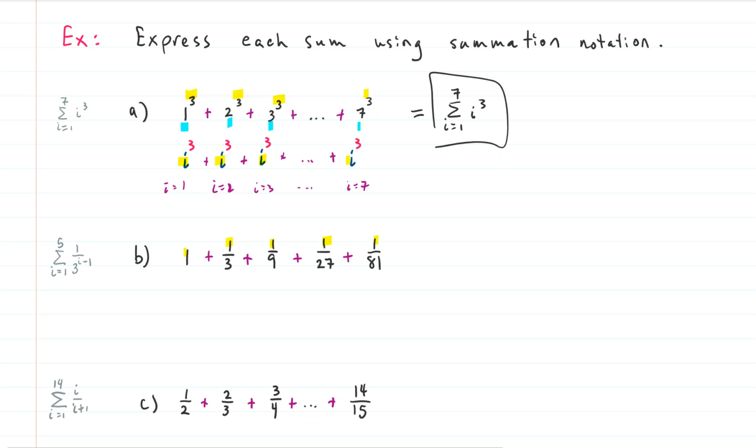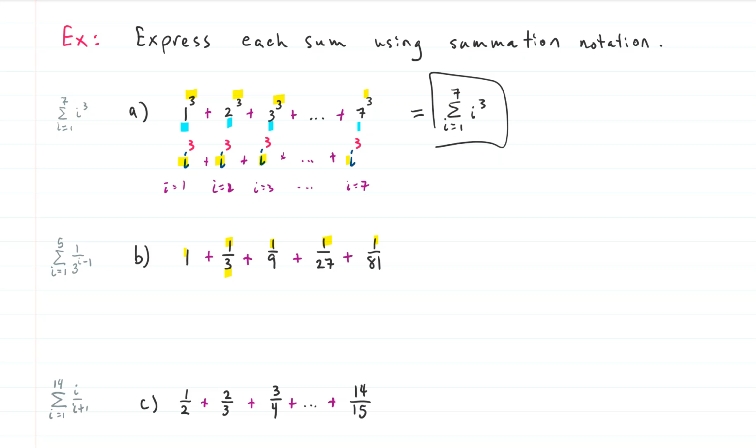What changes? The denominator changes. And it looks like it changes by factors of 3, because I have 3 here, 3 in the 1/3, I've got 3 in the bottom. In the 1/9, I've got 3 squared.